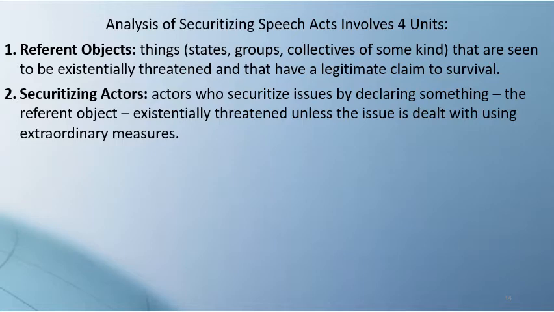Next, you have the securitizing actors. So actors who securitize issues by declaring something, the reference object, existentially threatened unless the issue is dealt with using extraordinary measures. So if the reference object is Australian Aboriginal culture, maybe the securitizing actor is a firebrand who is saying, look, our very existence is threatened, right?